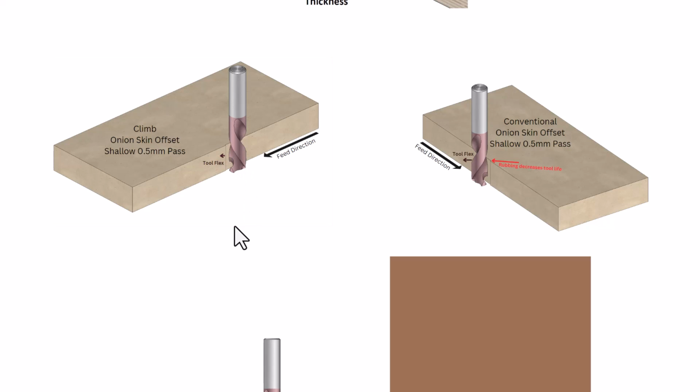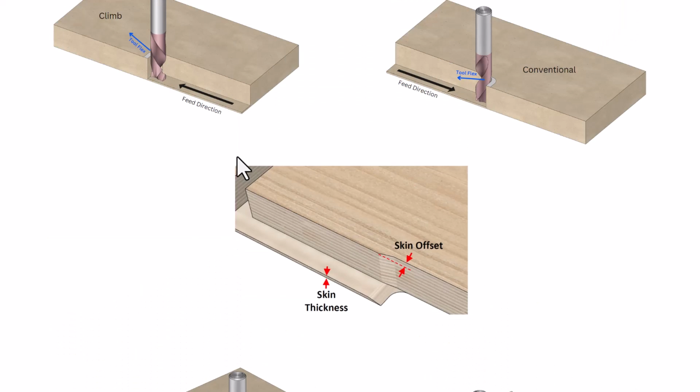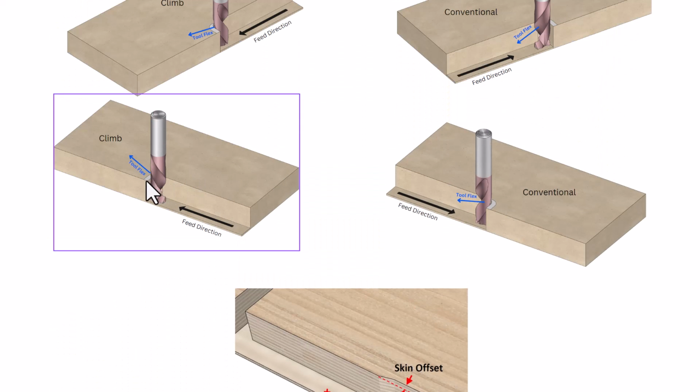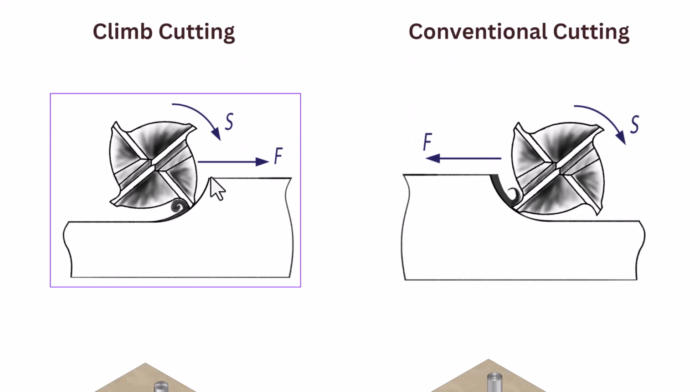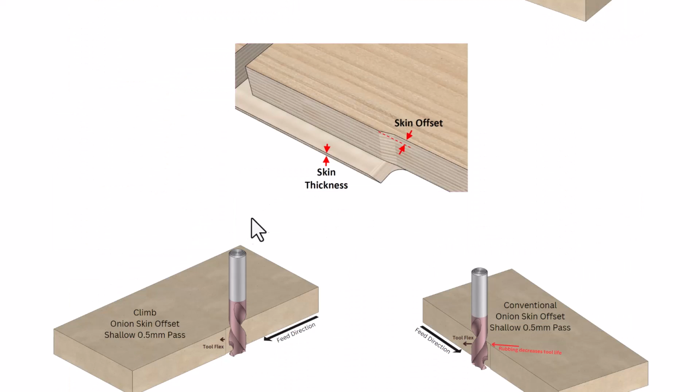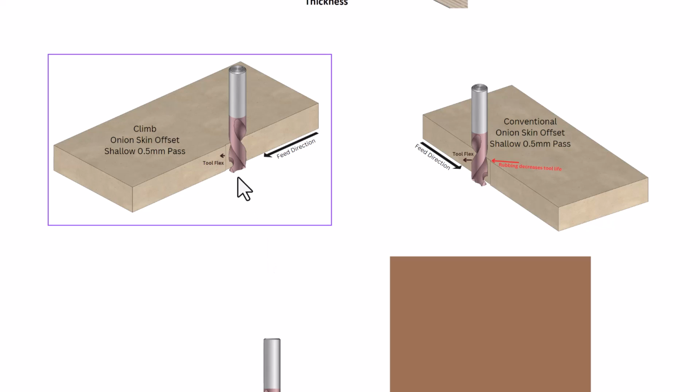Now, when we're talking about this cutting motion here, as we mentioned earlier, climb cutting is going from a thick chip to a thin chip, right? And as described up here. So we're cutting the most of the material away at the top and then going down to nothing, which the theory behind that is it's going to help the tool bite.